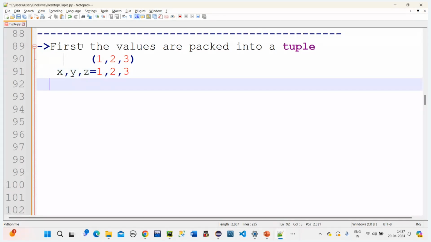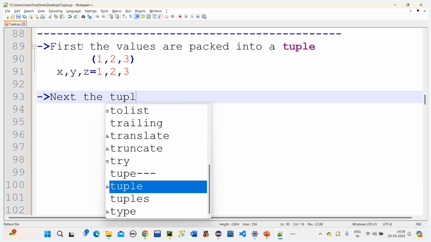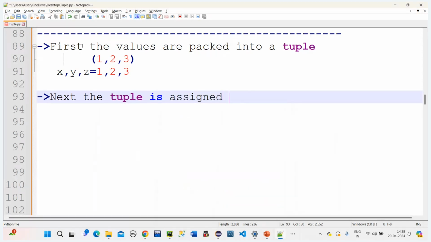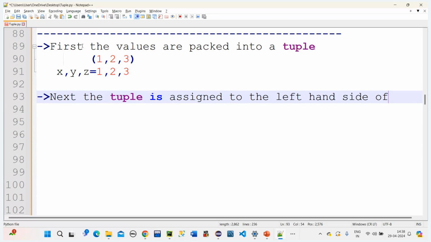Yes. Now, what is the next step? Next, the tuple is assigned to the left hand side of the assignment operator, the equal to sign.